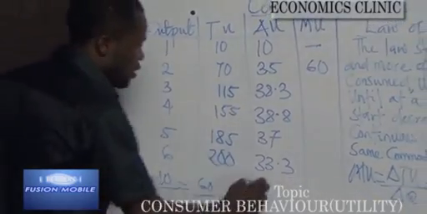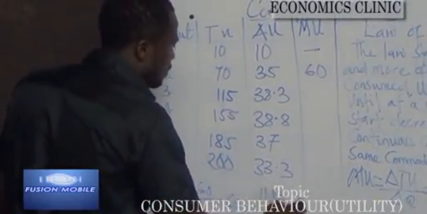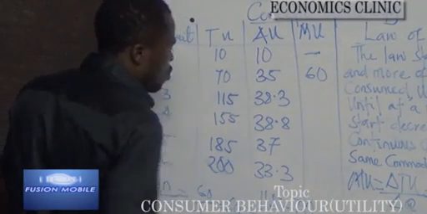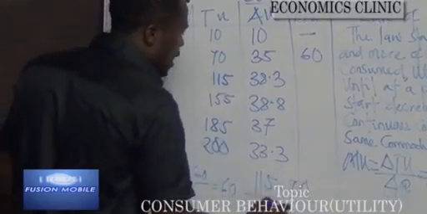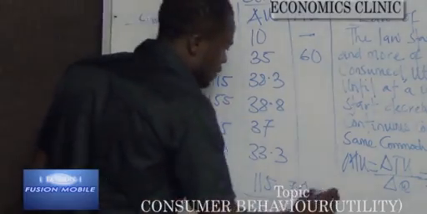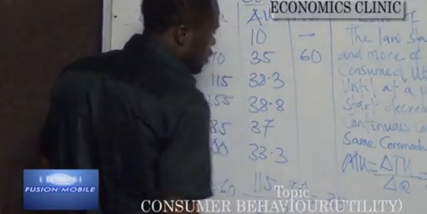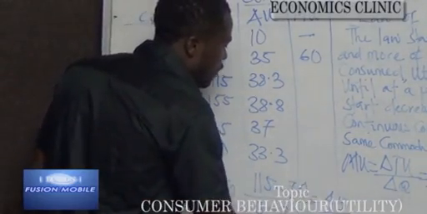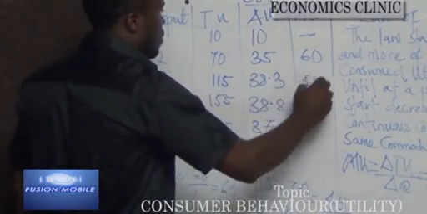Next one is 115 minus 70 divided by 3 minus 2. 115 minus 70 will give us 45, excuse me. 45 over 1. So we have 45 here.